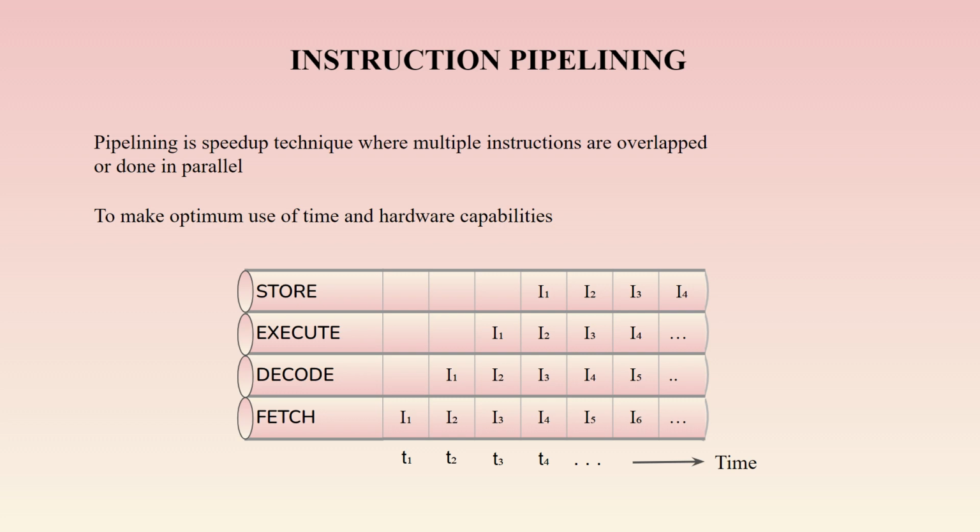Instead of doing so, the processor initiates the next instruction fetch while the current one is being decoded. Meaning that as soon as I1 is fetched and is being decoded, the fetching of instruction I2 simultaneously happens, as we do not want to keep the components idle. Similarly, when I1 is executed, I2 uses the decode mechanism and I3 is fetched.